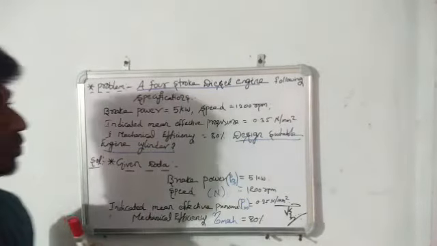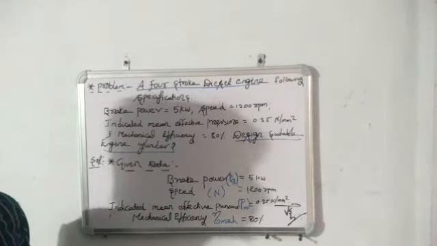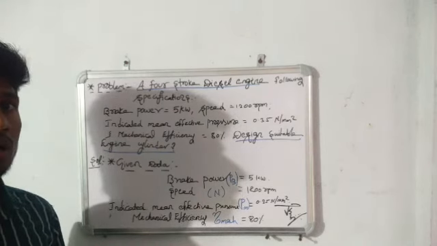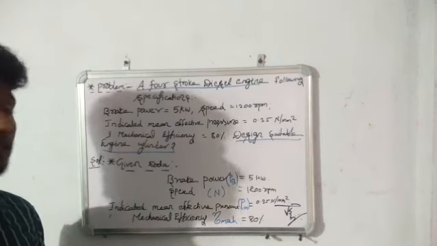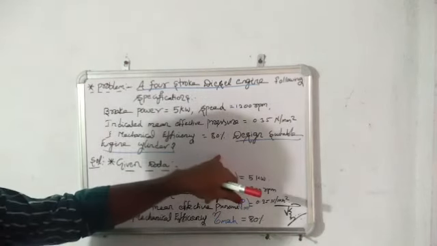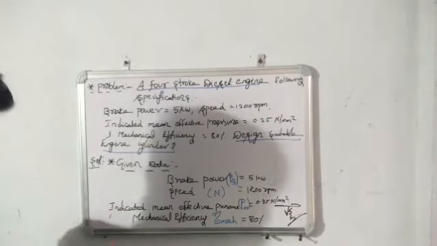That means we are going to design the engine cylinder for a 4-stroke diesel engine. We know the steps involved in the design of engine cylinder. Use a step-by-step process to design the proper cylinder for the given data. So let's start.